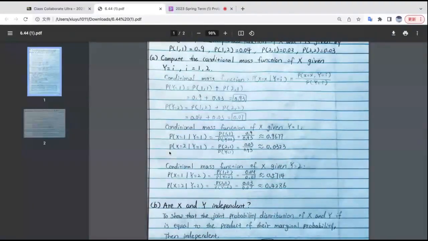And make a calculation, which is about 0.9677, and the probability of x equal to 2 given that y equal to 1 is equal to the probability of (2, 1) over the probability of y equal to 1. So it's about 0.0323.